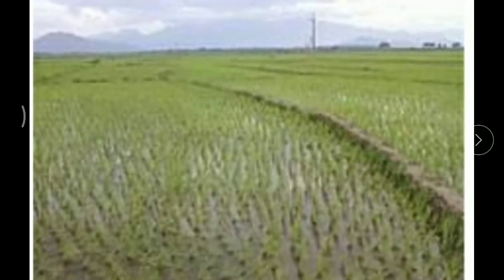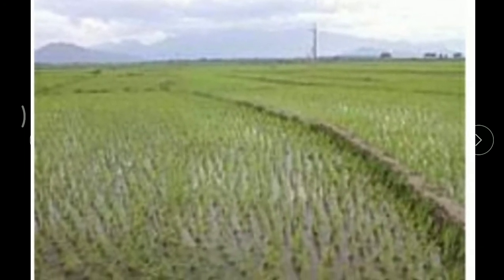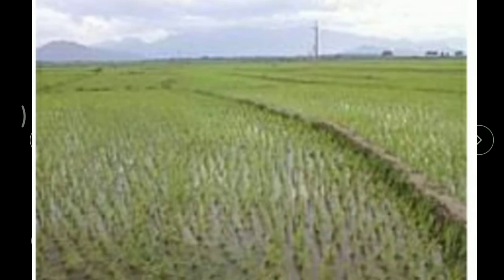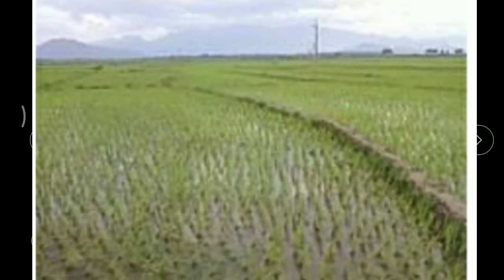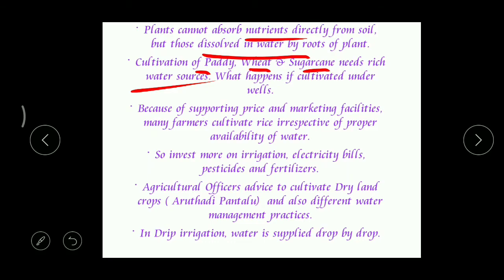They always need more and more water. But when we cultivate this variety of crops under wells, a well is a large pit in which water is oozing out. So under wells means a lesser amount of water.